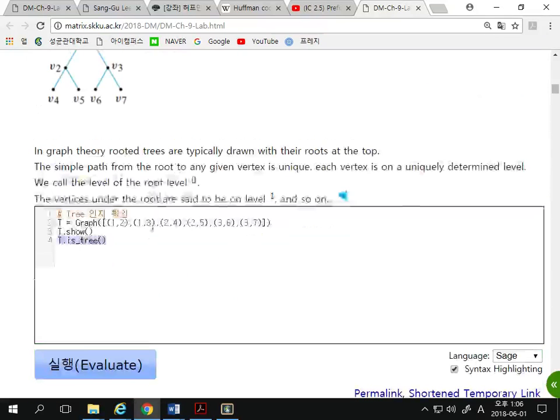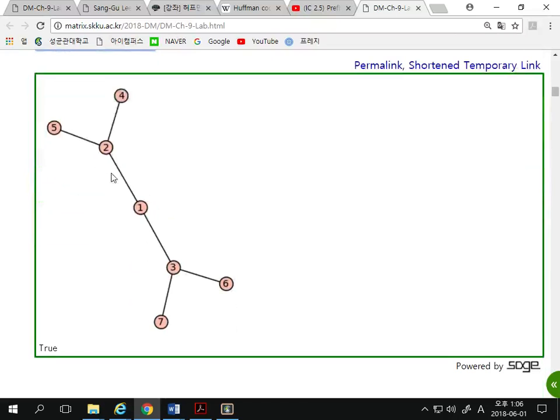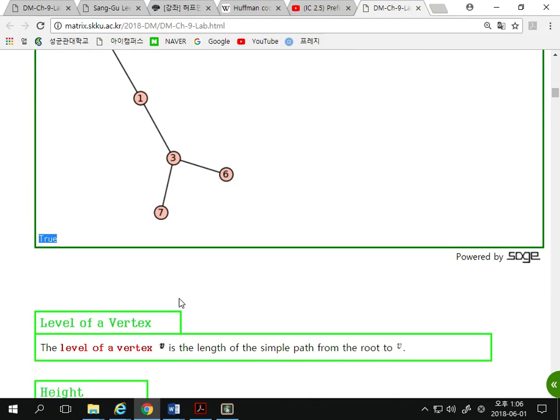These vertices, these edges, draw the graph, and it shows it is a tree, and it is connected, and it has a spanning tree.